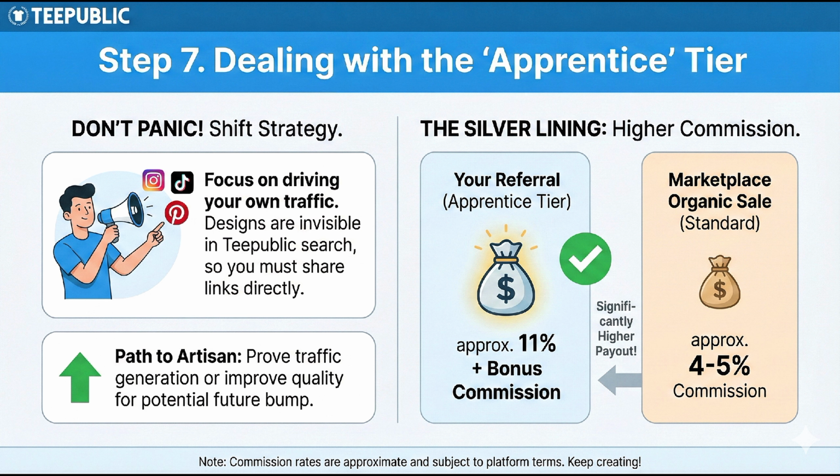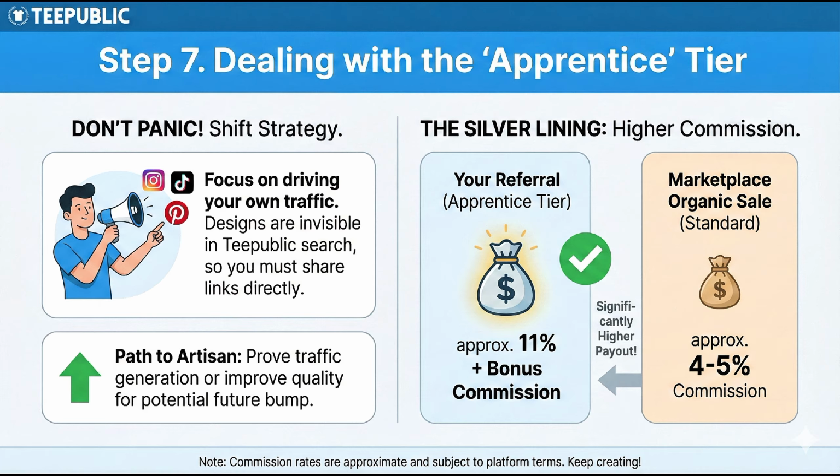All right, let's address the elephant in the room. Step 7: dealing with the apprentice tier. If you log in and see this tag on your account, please do not panic. It is not game over. It just means you need to shift your strategy. Instead of relying on Teepublic's search bar, focus entirely on driving your own traffic from Instagram, TikTok, or Pinterest. And here is the silver lining.